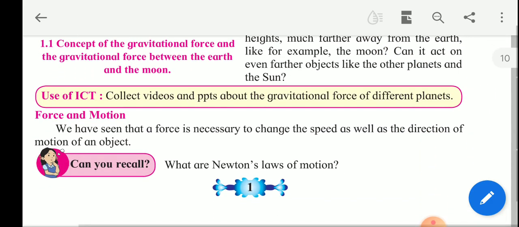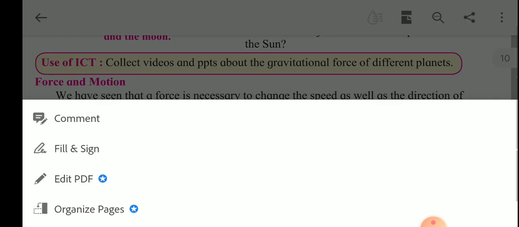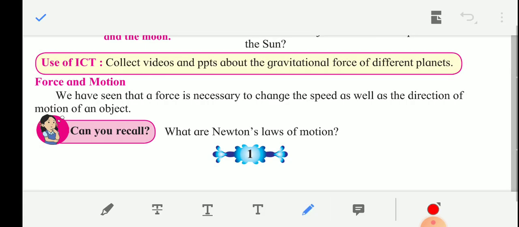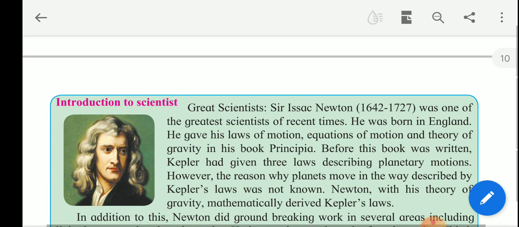The next part we are going to learn is force and motion. We already studied force and motion in the 9th standard chapter, where we studied Newton's laws of motion. In that, we studied three laws of motion: the first, second and third. The first states that every object remains in the same state of motion or in a stationary state unless and until an unbalanced force acts on it.